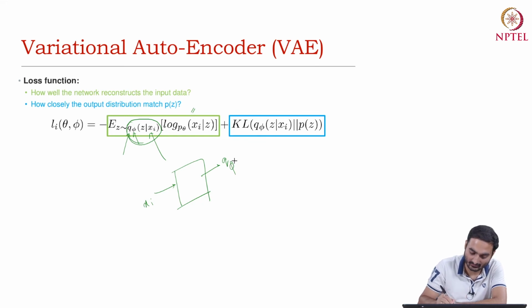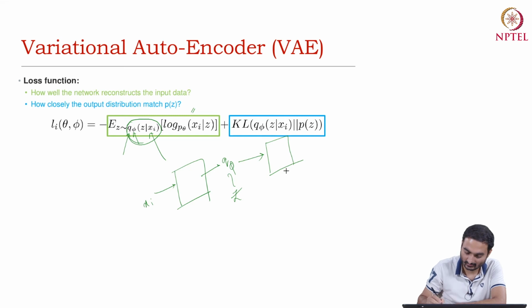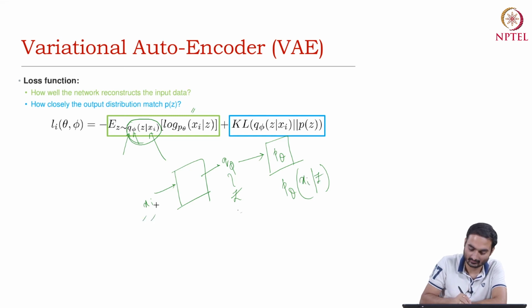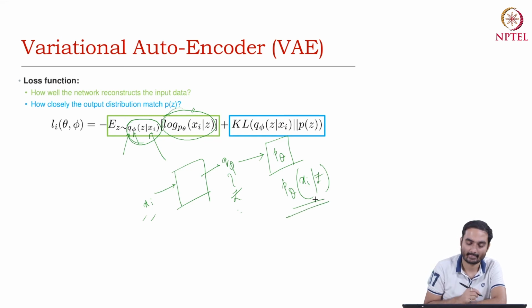From q phi you randomly sample an item z, and this z is fed into the decoder, which is p of theta. Given this, it tries to predict xi, which is the input. So we measure the log likelihood of this output.